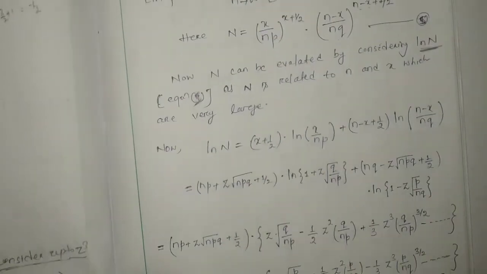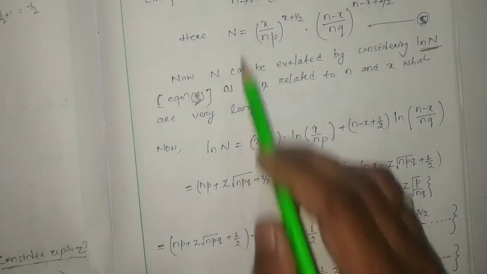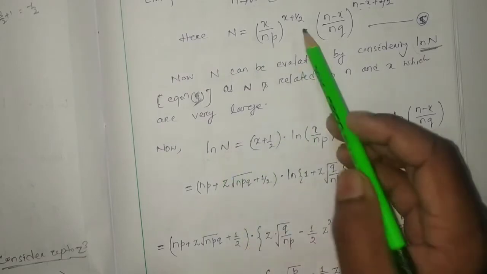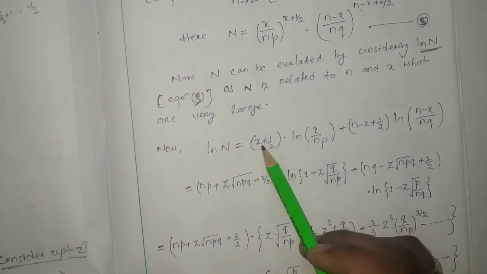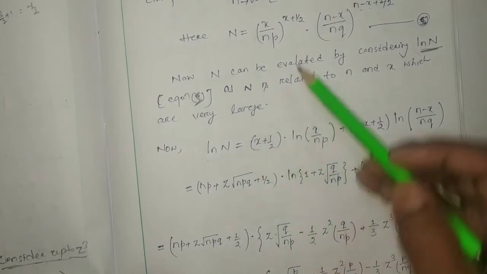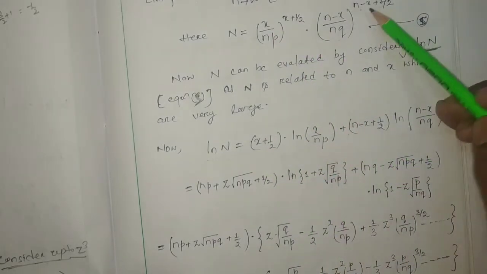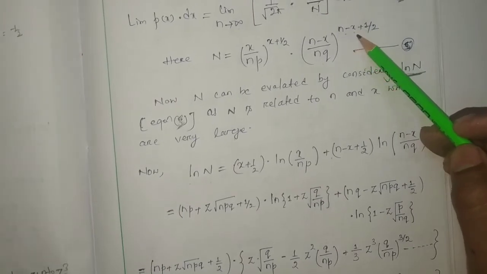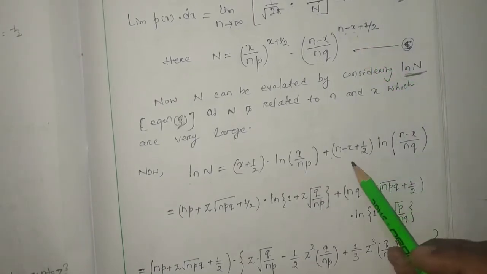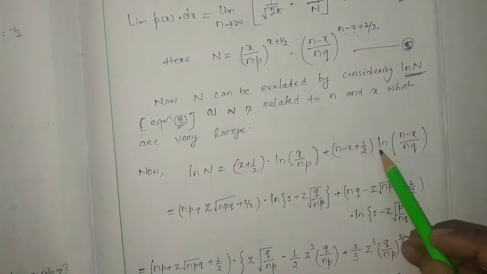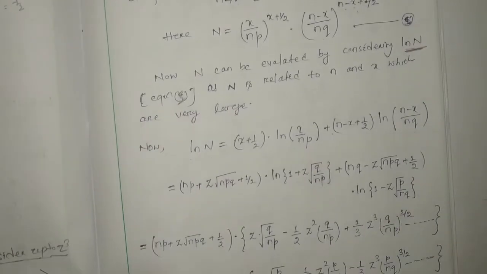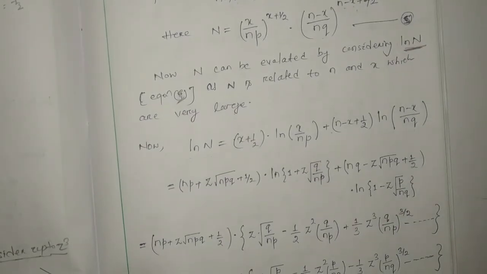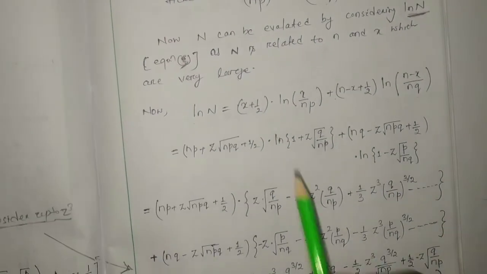So now ln N, the logarithm of N, will be this one. Ln of this means it will be written as x plus 1 by 2 into ln of x by np, plus n minus x plus 1 by 2 into ln of n minus x by nq. Here we consider the expansion only.